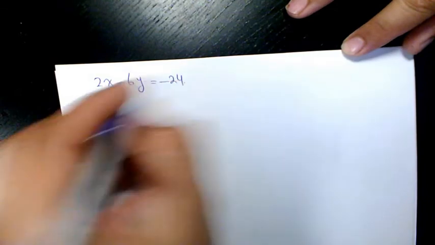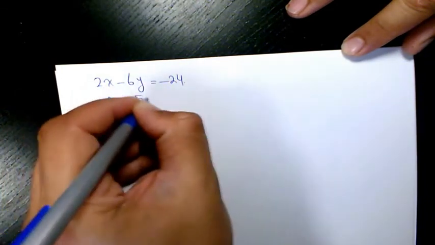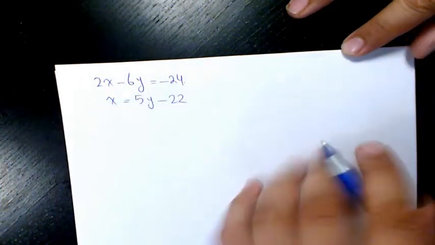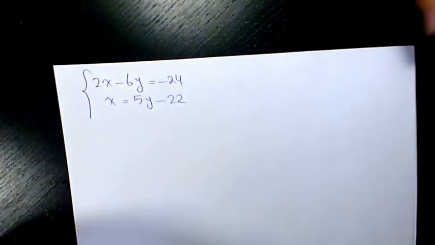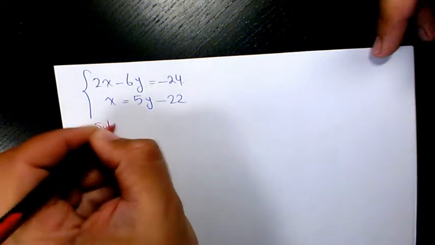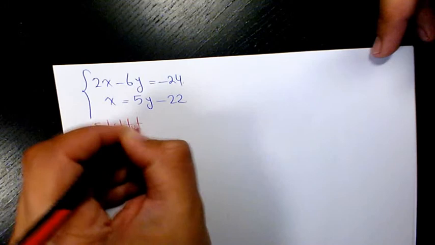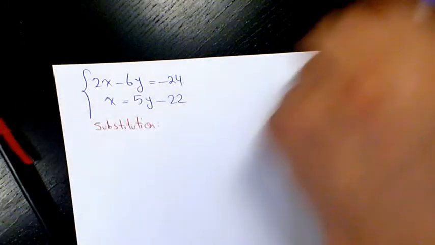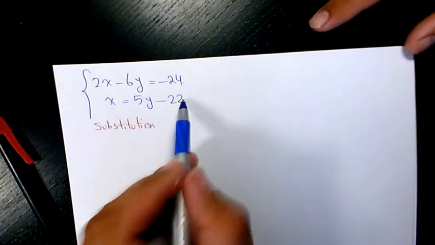Next example. We have 2x minus 6y equals negative 24, and x equals 5y minus 22. So first of all, I'm going to use the substitution method. x equals 5y minus 22.